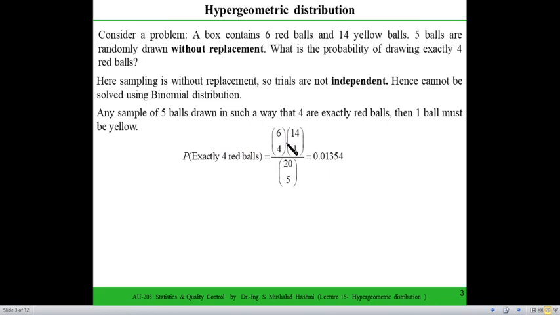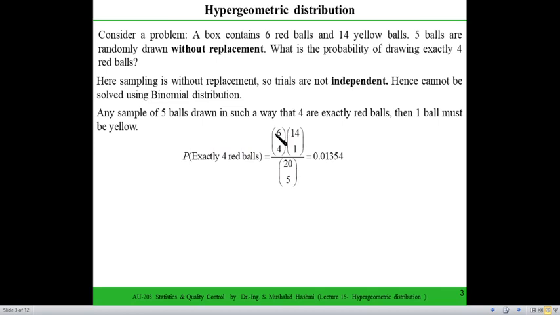In the numerator, the number of possible ways of getting your event is to pick exactly 4 red balls. Altogether you have 20 balls, out of which 6 are red and 14 are yellow.